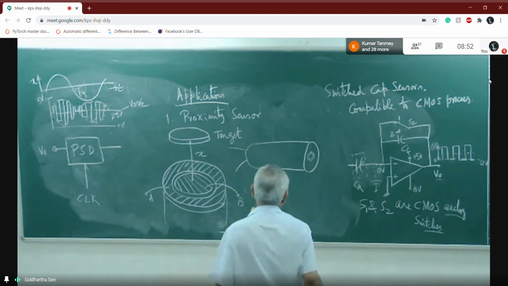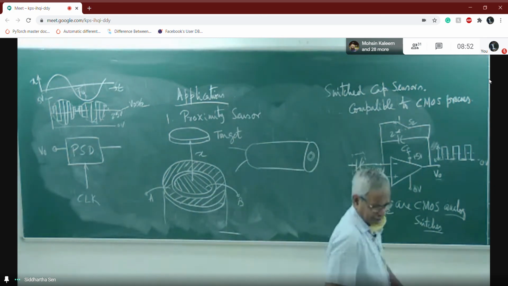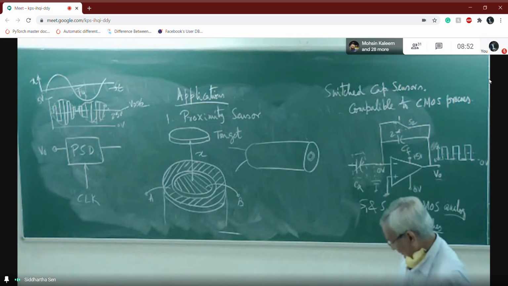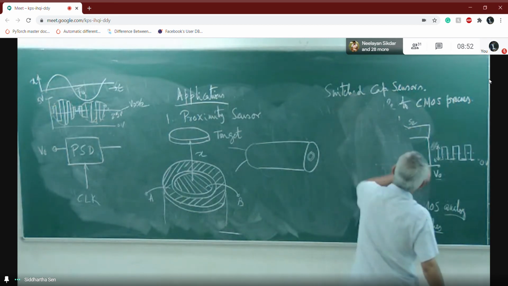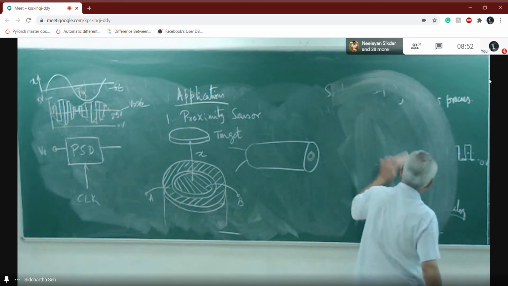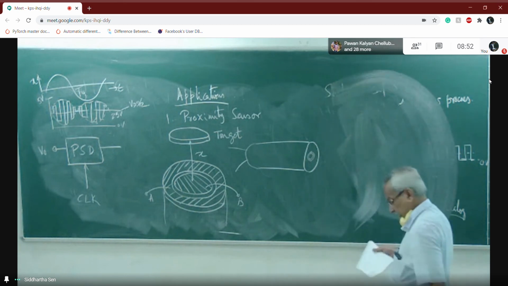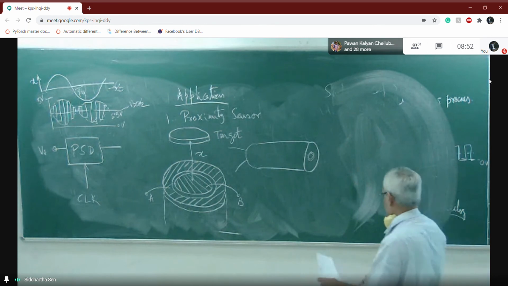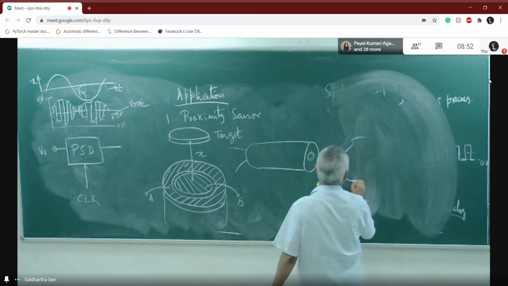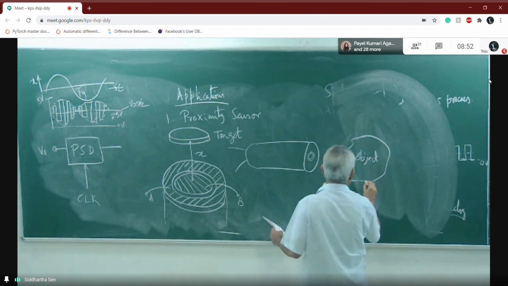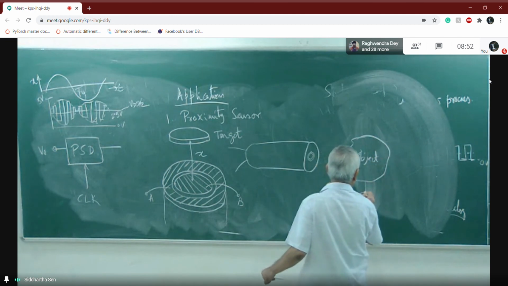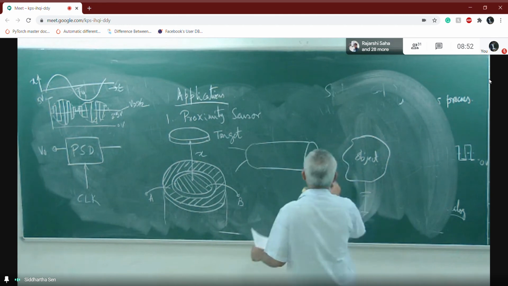The battery, all the processing circuits and all the things are there. And suppose a body, which is the object, maybe grounded or maybe floating, is connected like this.